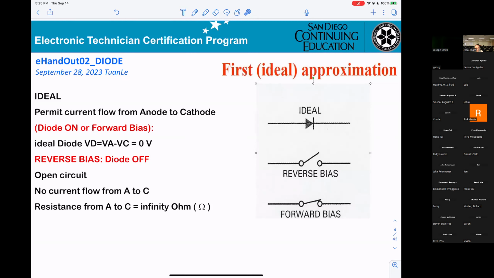That means resistance will be infinity. Or they will be closed. Resistance will be 0. So the current can be flowing. So it acts like an open and closed switch. Yeah, just a closed switch. Okay, thank you.